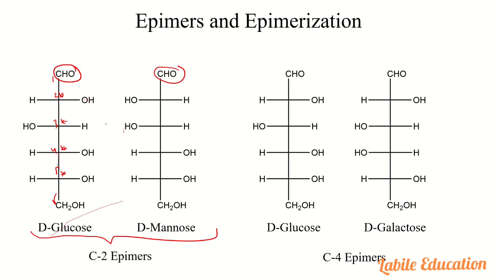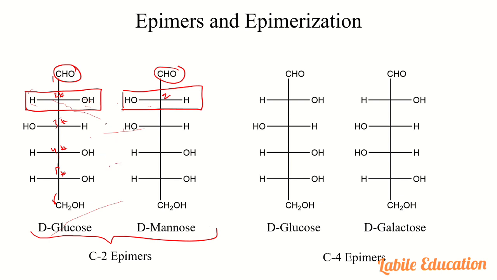And these two molecules differ about only this chiral center. You can see here in D-glucose, H is on the left hand side and OH is on the right hand side, but in mannose at the C2 position, H is on the right hand side and OH on the left hand side. But at position 3, the configuration is the same.